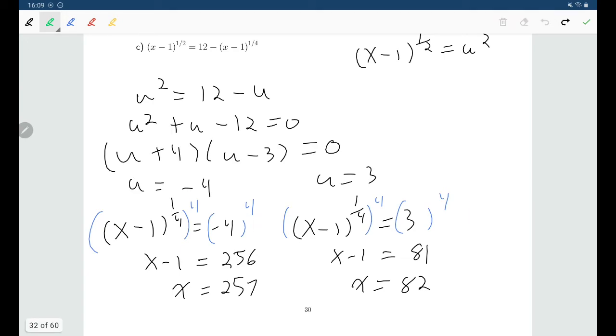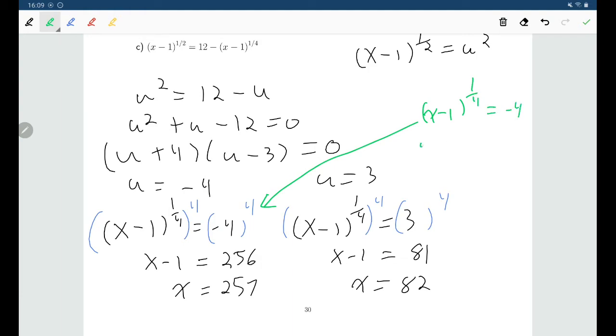Now, I will say one thing before I do the checking of my solution, which is we probably should have noticed here that there was a problem. In fact, we're going to see in the next slide that 257 will not be a solution after all. The reason is, if you think about what we had before we raised both sides to the power of 4, we had x minus 1 to the quarter equal to negative 4.